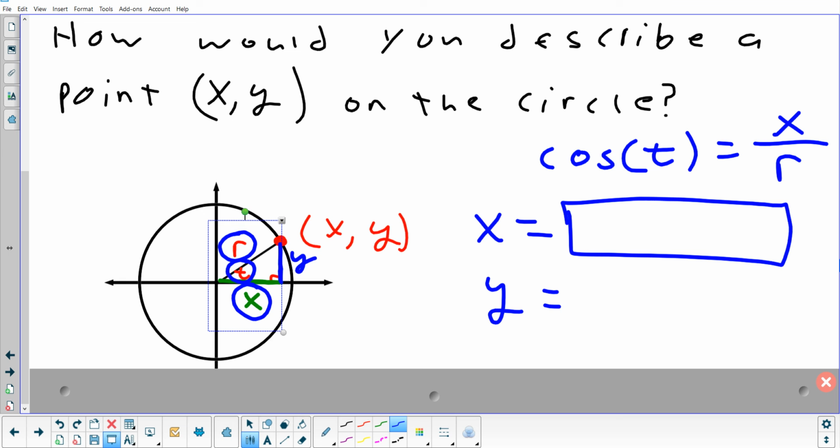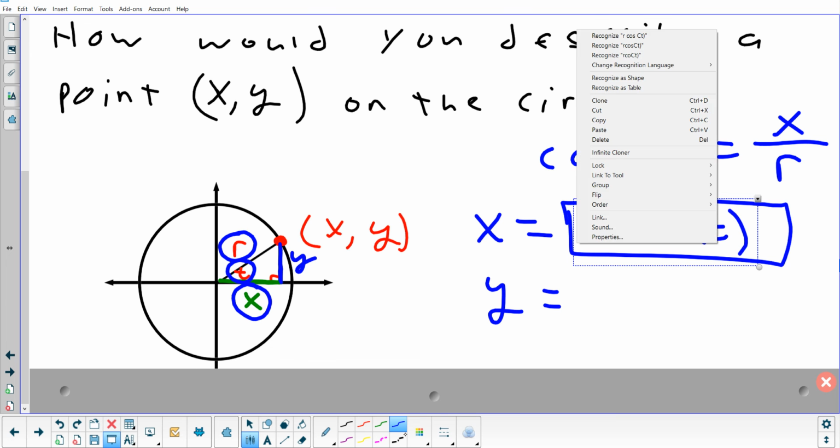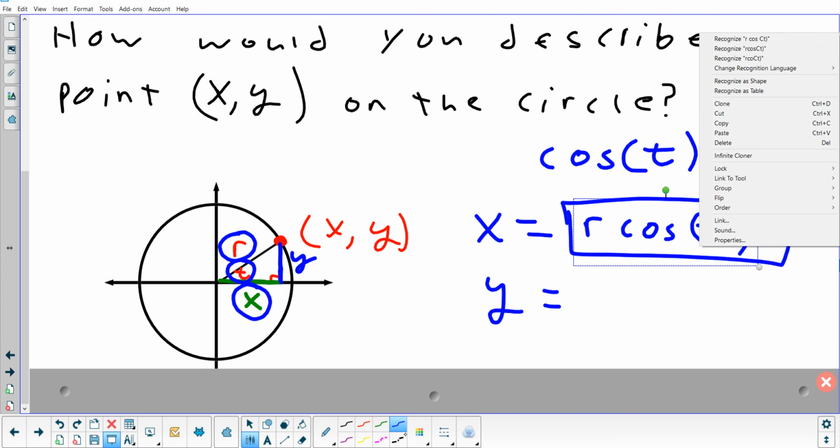So what would go in that box if I get x by itself in that top equation? Yeah, R times the cosine of T, exactly. These are the two things that would affect where the x value goes: the size of the circle and the angle inside the triangle.